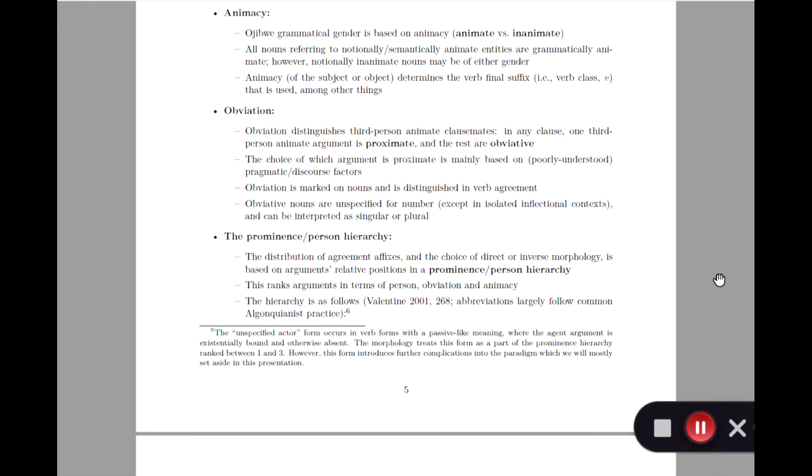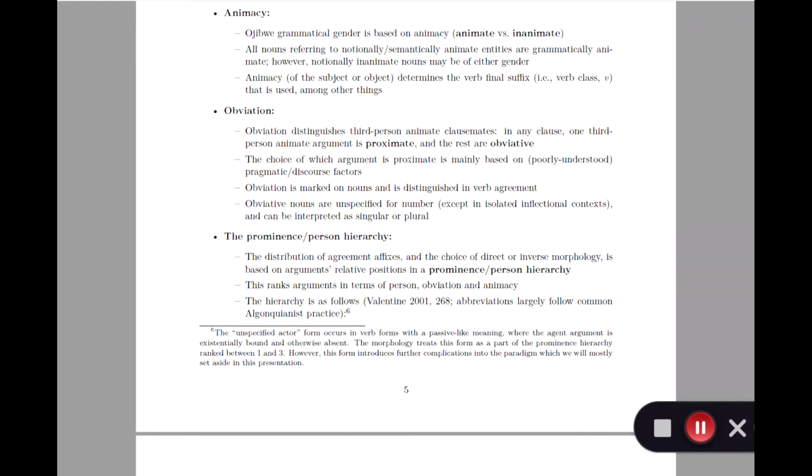There's a system of obviation where third-person animate clausemates will be contrasted by whether they're proximate or obviative. Generally speaking, the more topical or discourse-prominent third-person argument is going to be treated as proximate, and anything else is going to be treated as obviative, so more backgrounded. And this is marked morphologically on nouns and on verbs in verb agreement.